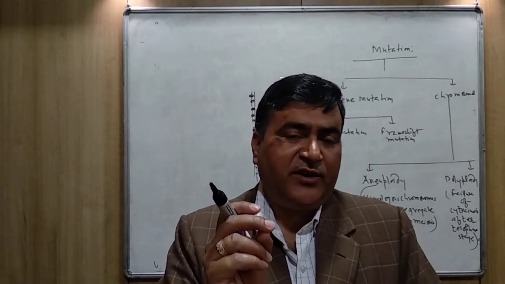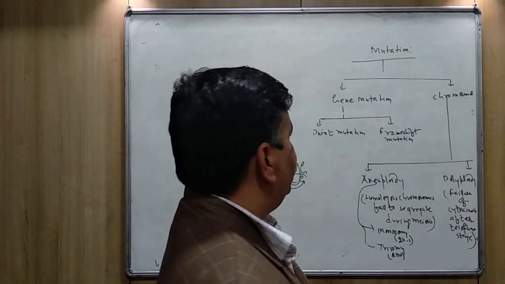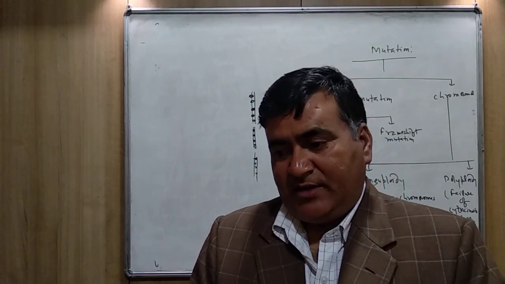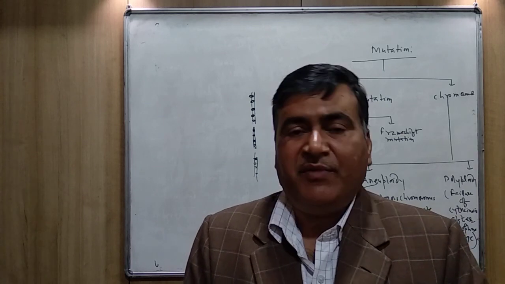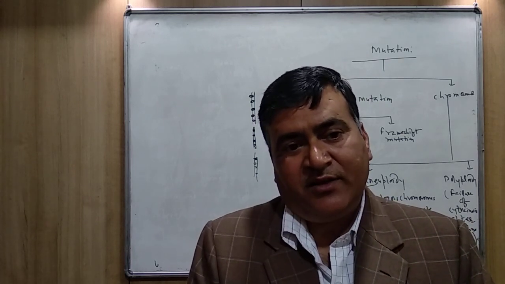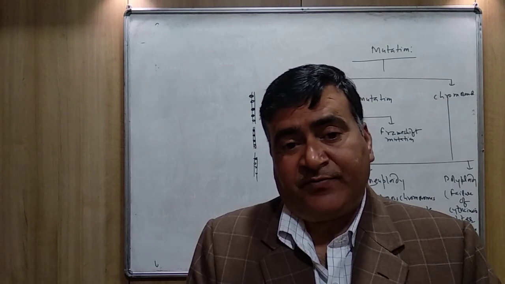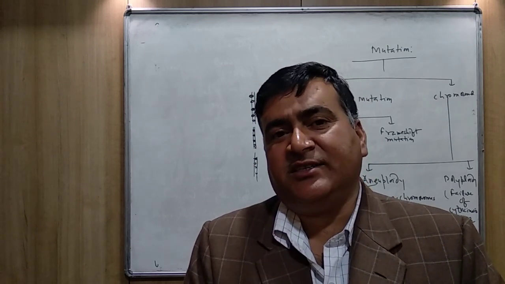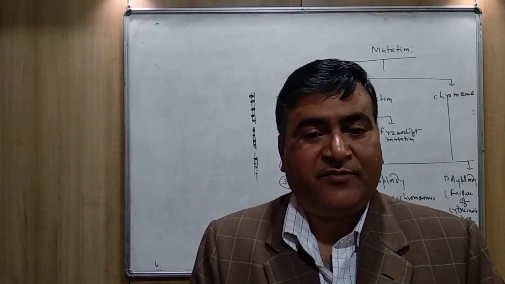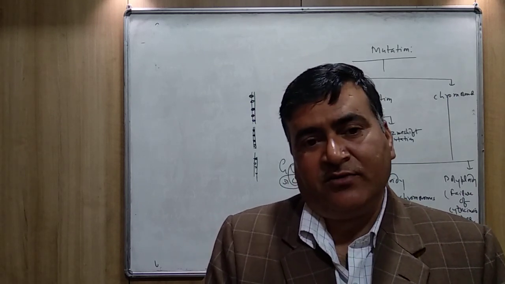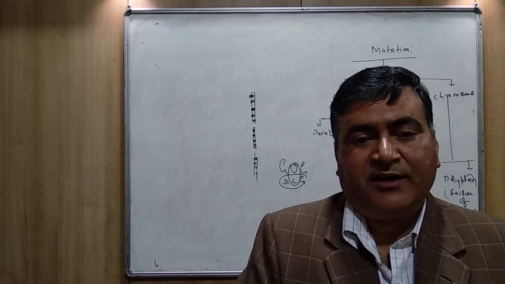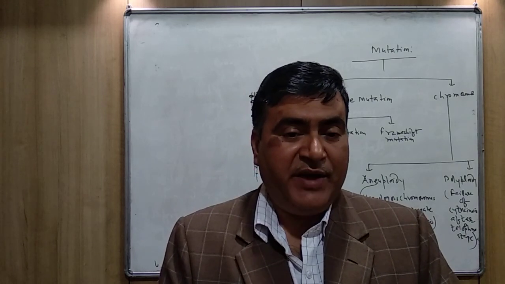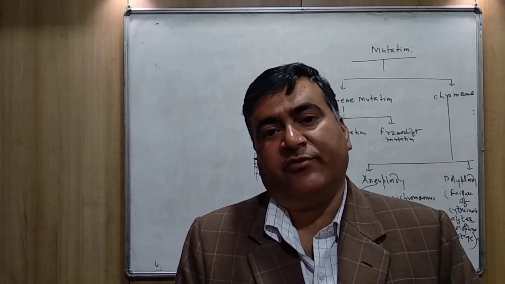And there is a very good example of point mutation, that is sickle-cell anemia. I will teach you in the next topic. In the Mendelian disorders, we will discuss sickle-cell anemia. Sickle-cell anemia is a very good example of point mutation. I will tell you in detail how a change in a single base is the cause of it.